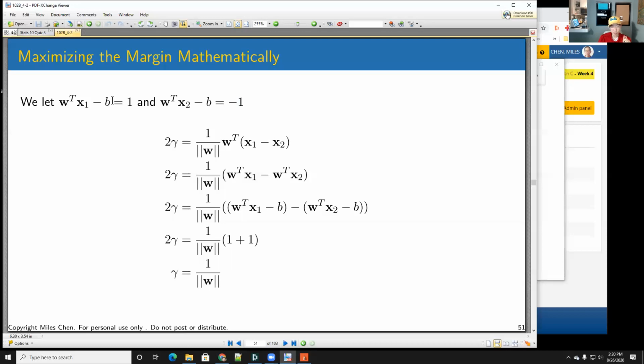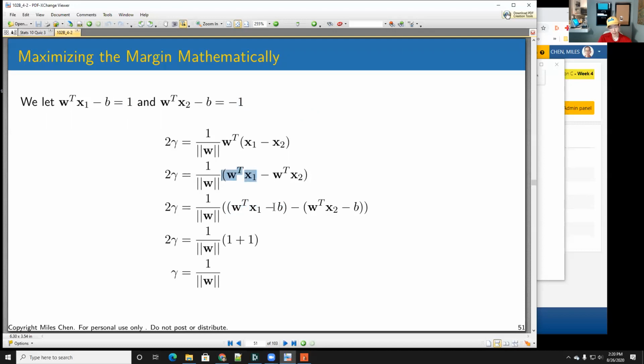All right, so I'm going to plug in these things, and distribute the w transpose x1 and the w transpose x2. We're going to get this, and here I can just subtract off b and add b back on. So if I add this, then this value becomes 1.